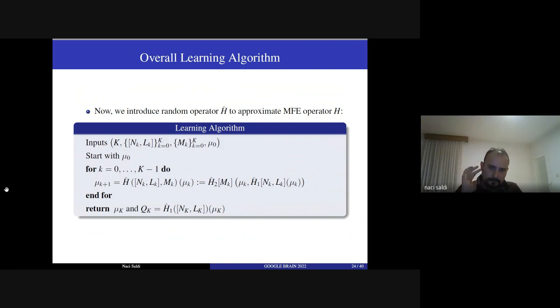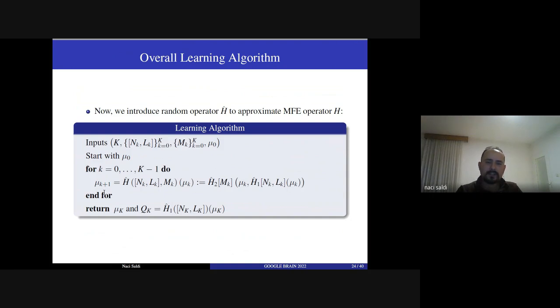So first of all, before the error analysis, let me give the overall learning algorithm. Here in the overall learning algorithm, we replace our mean field equilibrium operator H with the random operator H hat, and the random operator H hat does the following.